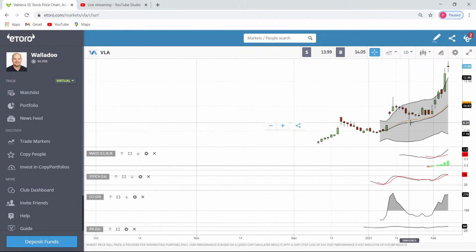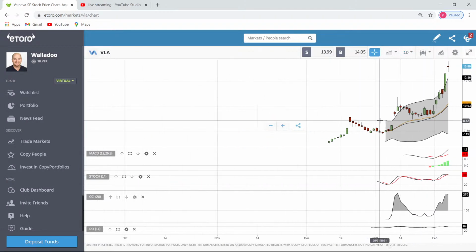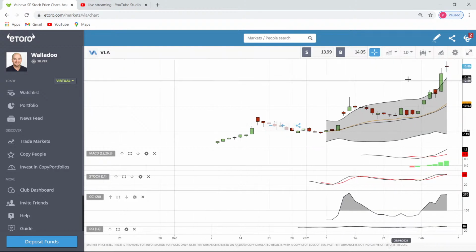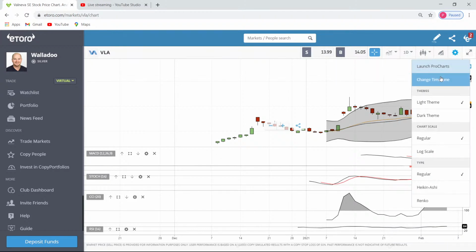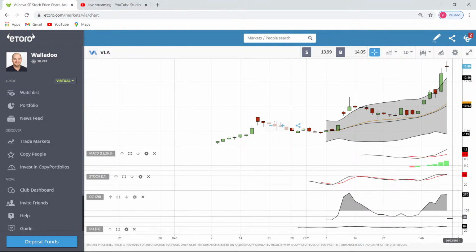So yes, this is also a stock that is significantly overbought. We went all the way up to 14.43, way outside of the Bollinger Band here, and you can see that the RSI is at 84 at this current stage. So yes, this also has the same characteristics.